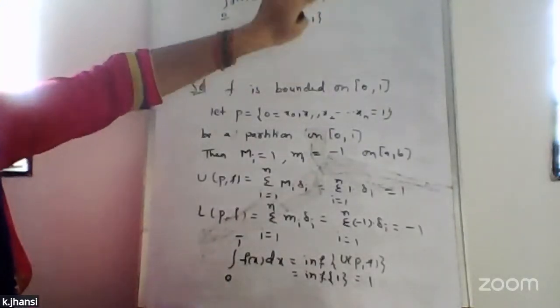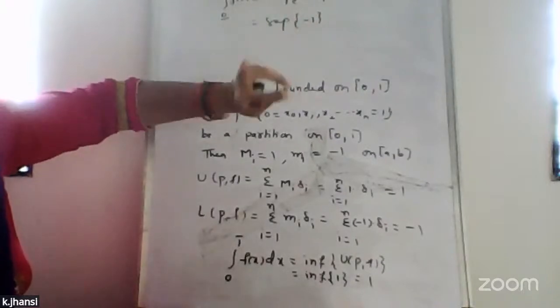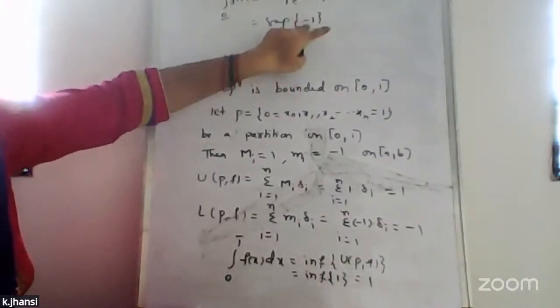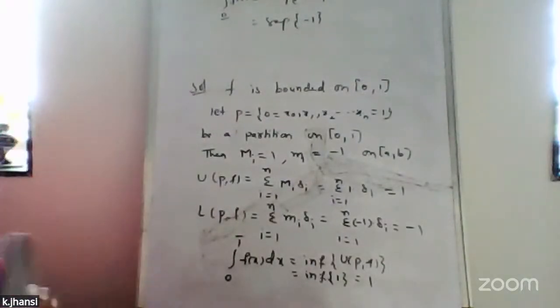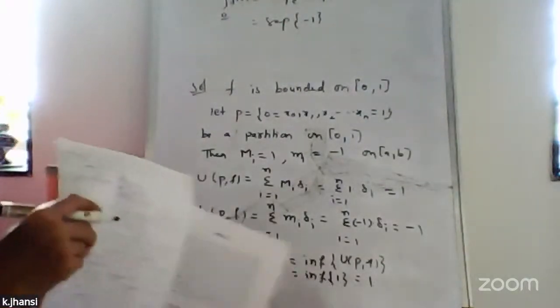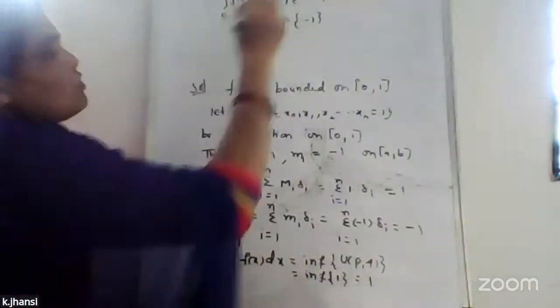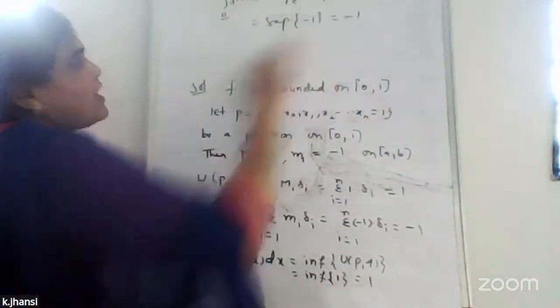Just now we have seen that this is the only highest value, and also the only least value, since only one element is there. So here the supremum is equal to -1.